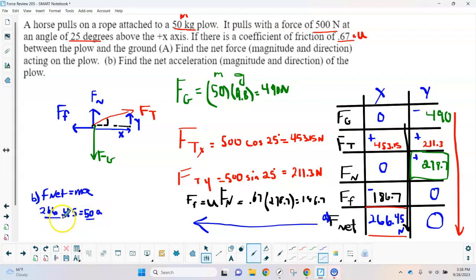So we're going to divide both sides by 50. And if you do that, you will get an acceleration of 5.3 meters per second squared. And that acceleration is also going to go in the same direction as the net force, which is to the right. So that is the answer for it.